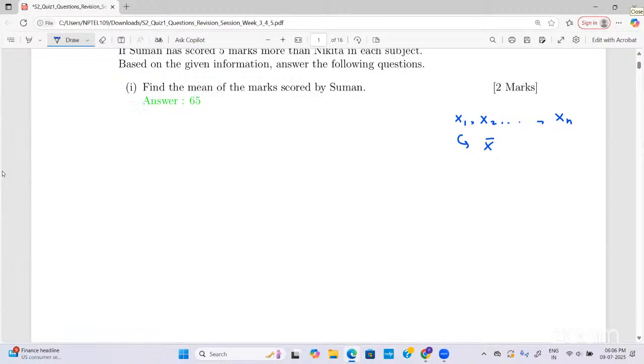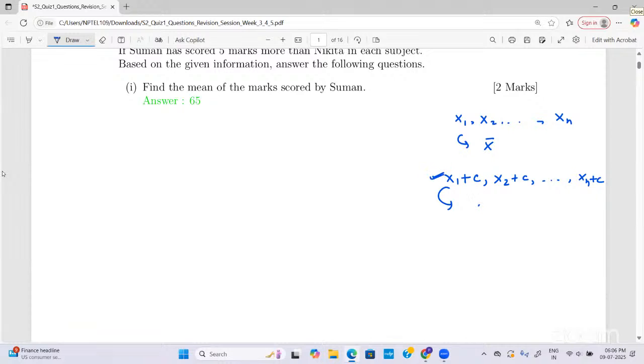Now you are adding one constant value c to each data point, so x1 plus c, x2 plus c, and similarly for all the way to xn plus c. If you calculate the mean for this data set, what will it be?